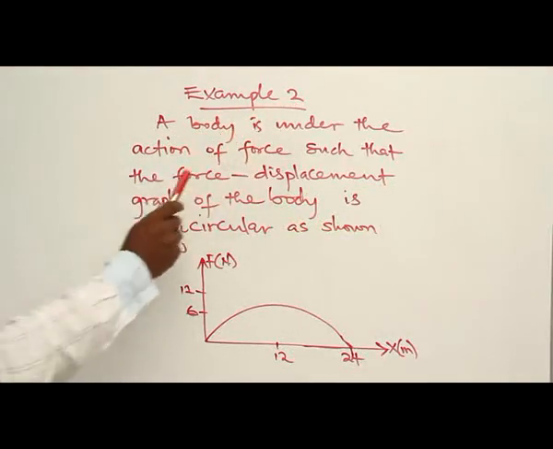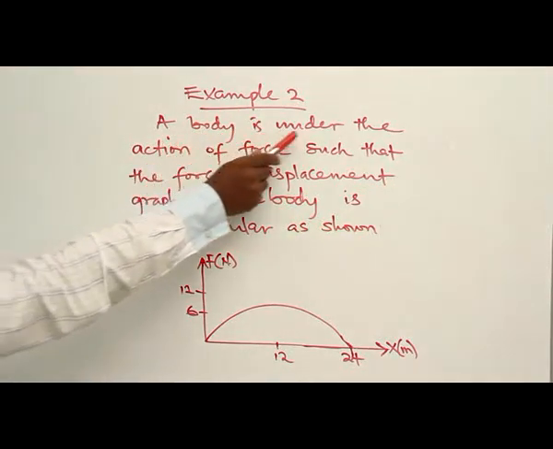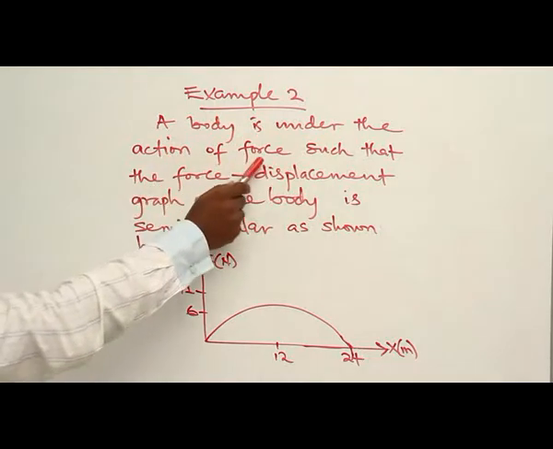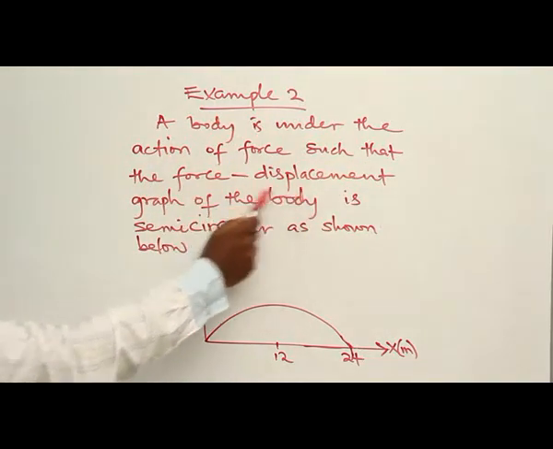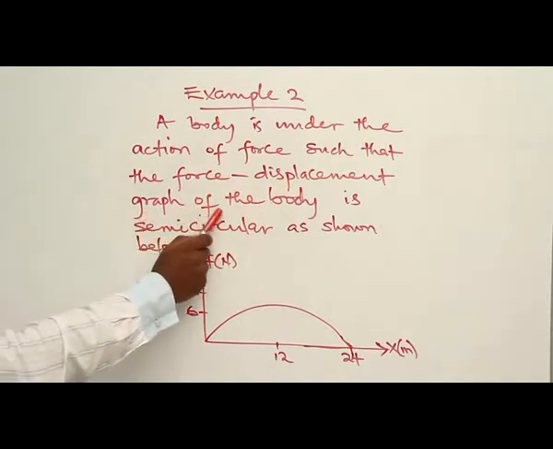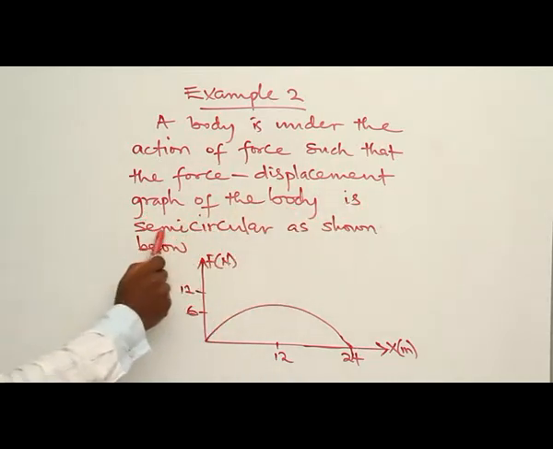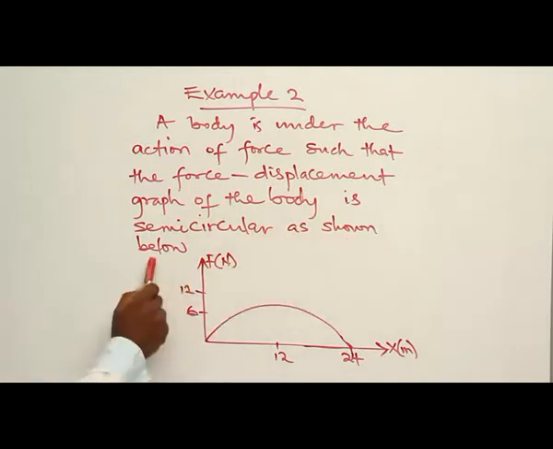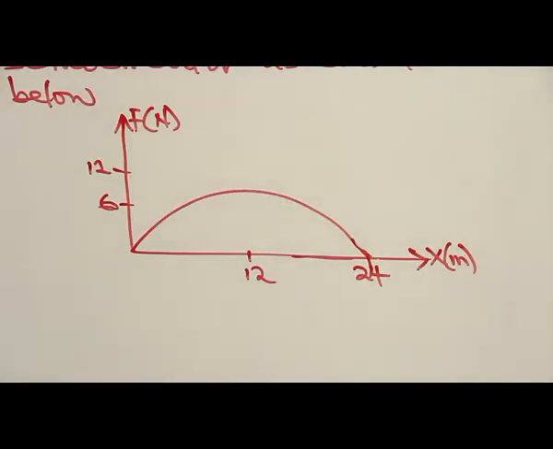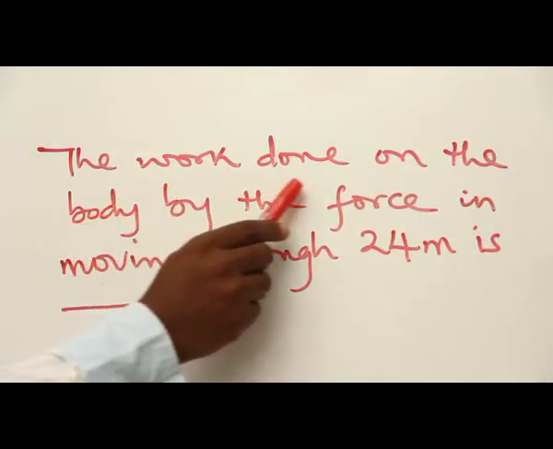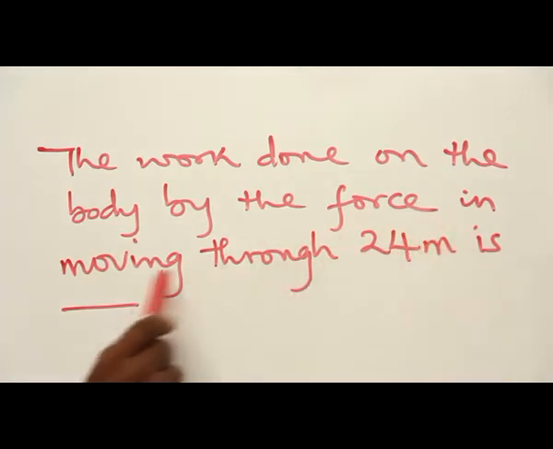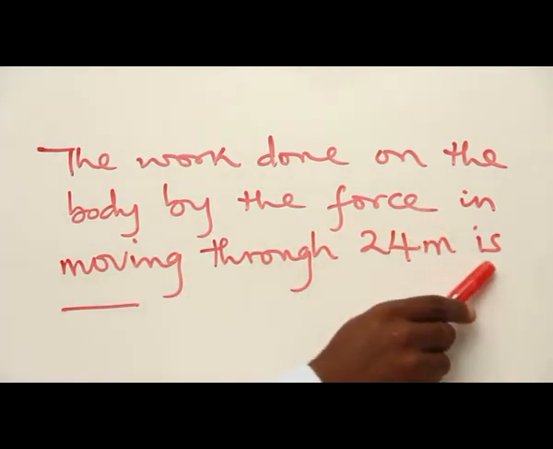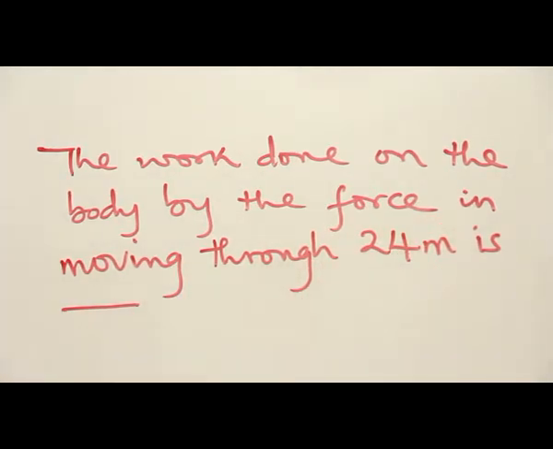Example 2. A body is under the action of force such that the force displacement graph of the body is semicircular as shown below. Here's the semicircular description. The work done on the body by the force in moving through 24 meters is dash.